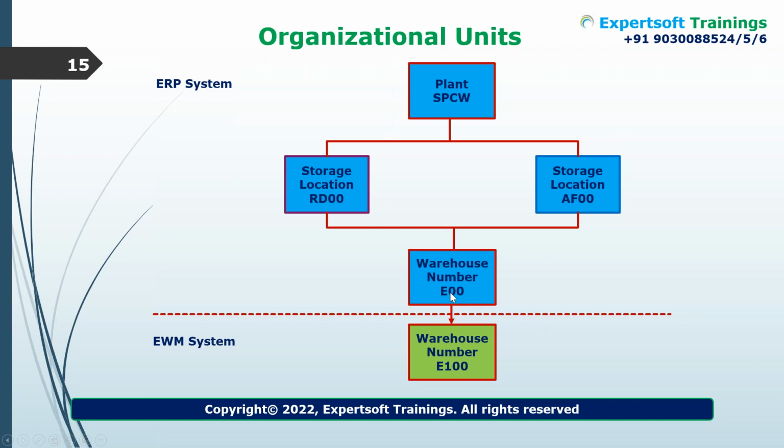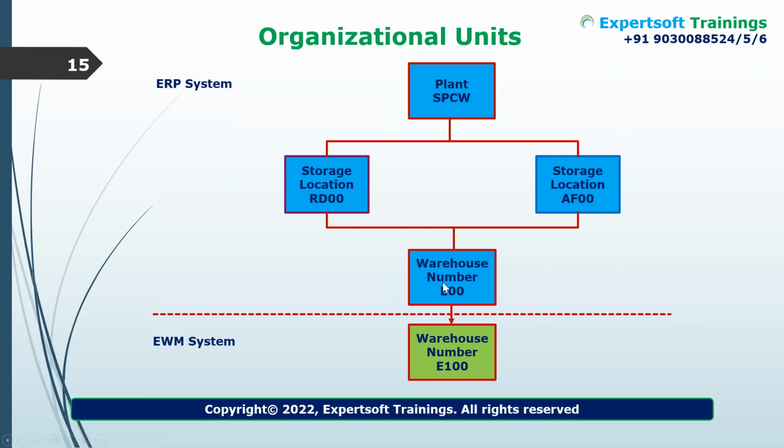People who have worked on SAP WM know there is a 3-digit alphanumeric number for warehouse management, and under that you create all the storage types, storage sections, and bins. But here you just need to create a warehouse number and assign it to your plant storage location combination. That's it. No further entities are needed to activate this.